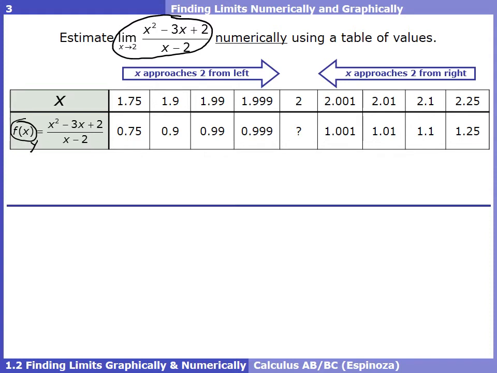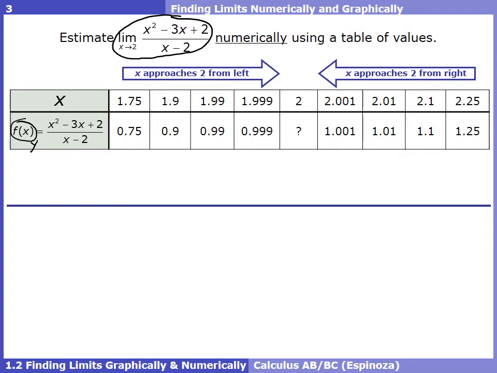Well, you can kind of clearly see here to the left of 2, we're starting at 0.75 to 0.9 to 0.99 to 0.999. If we follow that pattern, it looks like we're getting closer and closer to 1. To the right of 2, it looks like we're going from 1.25, dropping down to 1.1, 1.01, 1.001, and you can imagine that pattern continuing, and it looks like it's going to drop down to a value of 1.